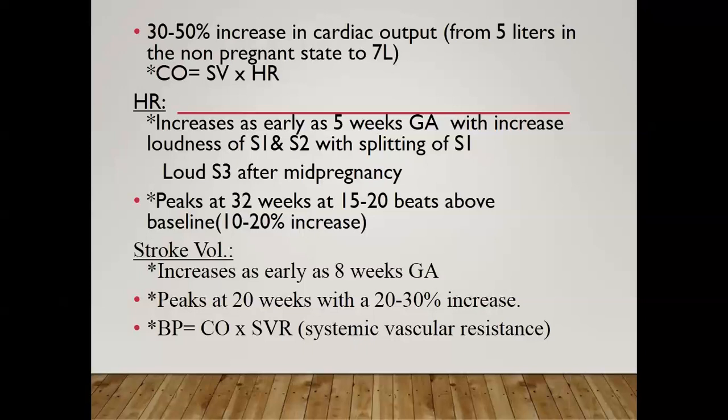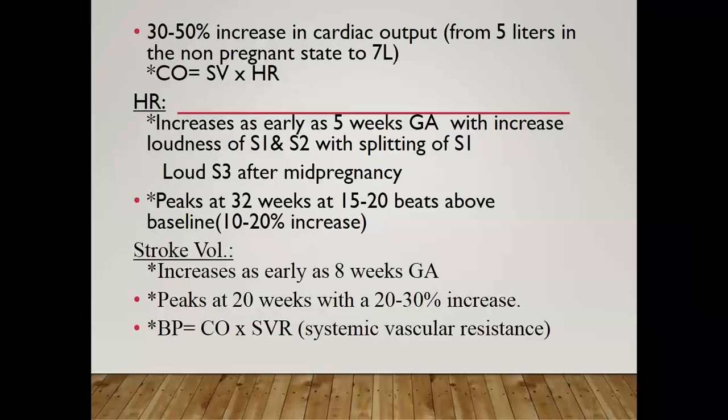Heart rate also increases as early as 5 weeks gestation, with increased loudness of S1 and S2 with splitting of S1. So once we hear a louder S1 and S2, this is physiological. A loud S3 after mid-pregnancy can be detected.